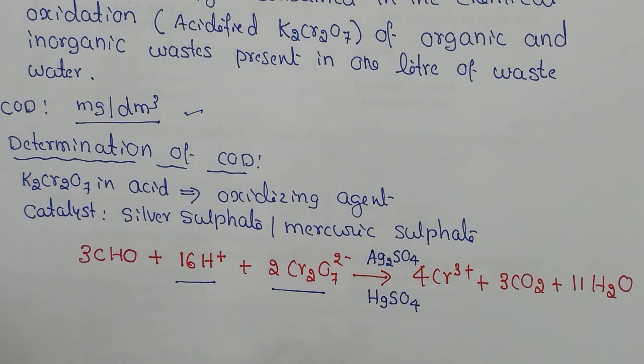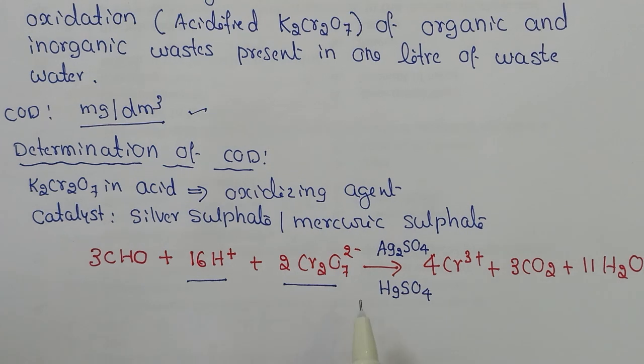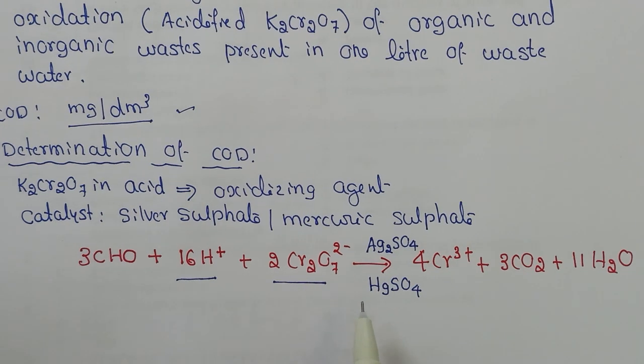The carbon is oxidized to carbon dioxide and we get chromium 3+ and 11 water as the product. This is the reaction involved during determination of COD using the strong oxidizing agent potassium dichromate in acid medium and the catalysts silver sulfate and mercuric sulfate.